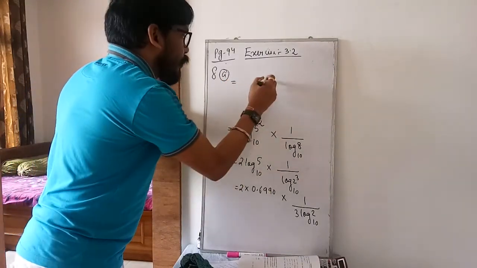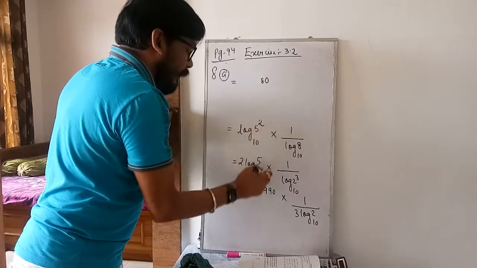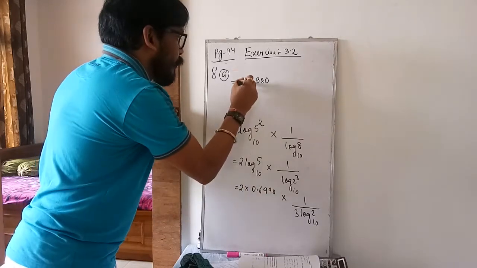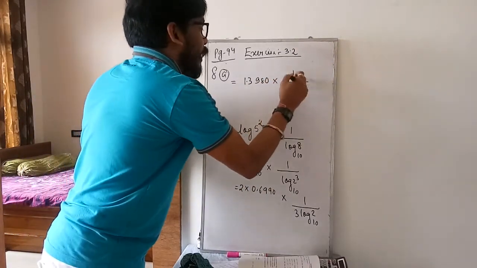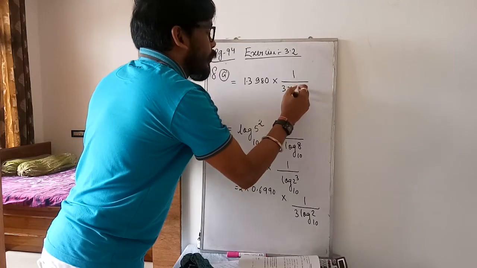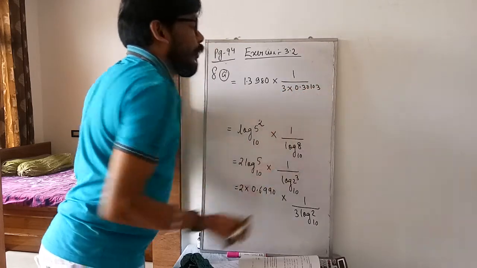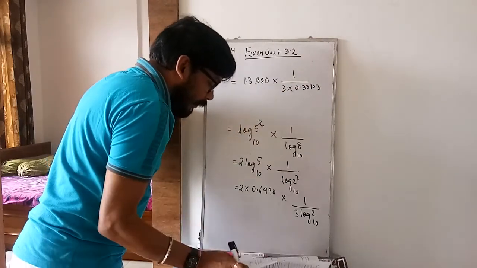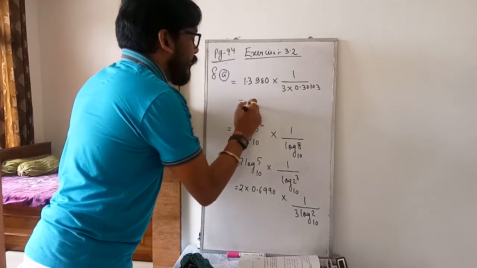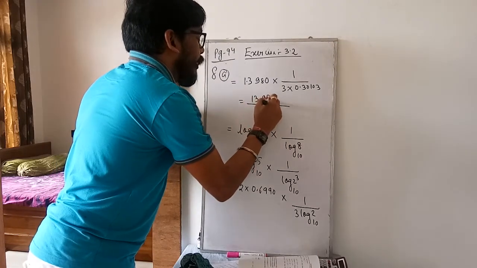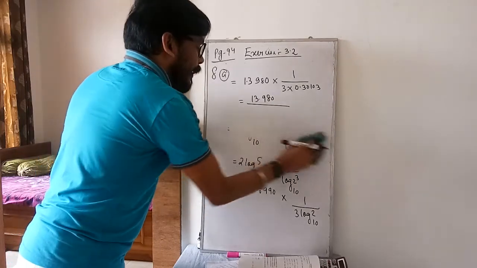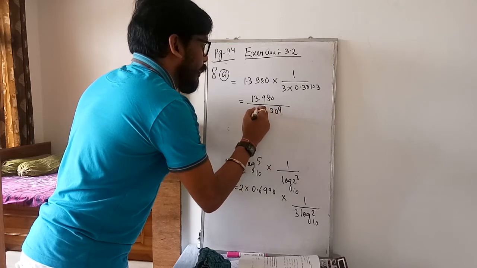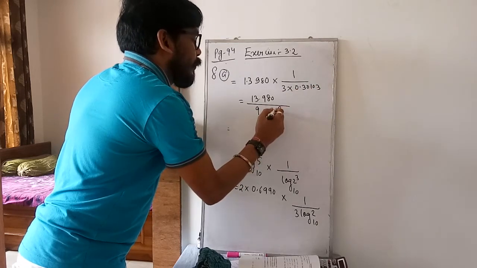So it is 2 into 0.6990, which gives 1.3980. Now we already know by heart log 2 is 0.30103. So I will multiply it here: 3 into 0.30103 is 0.90309, decimal after 5 digits.